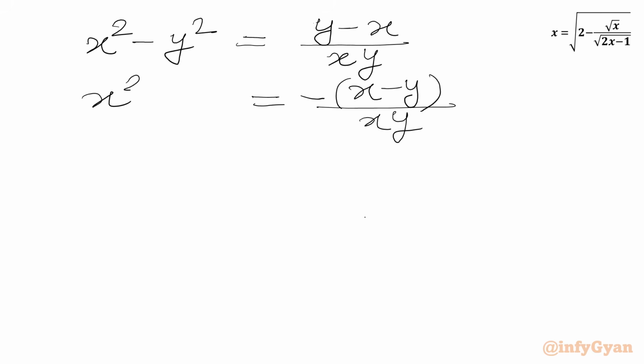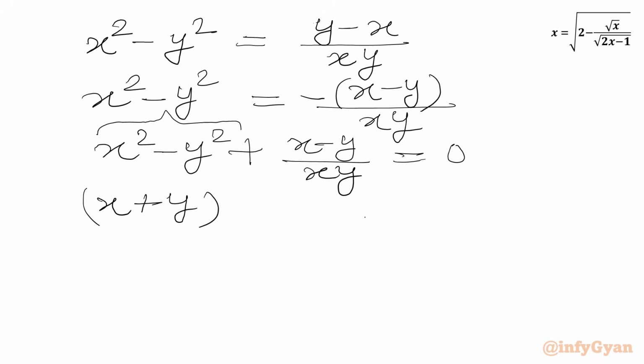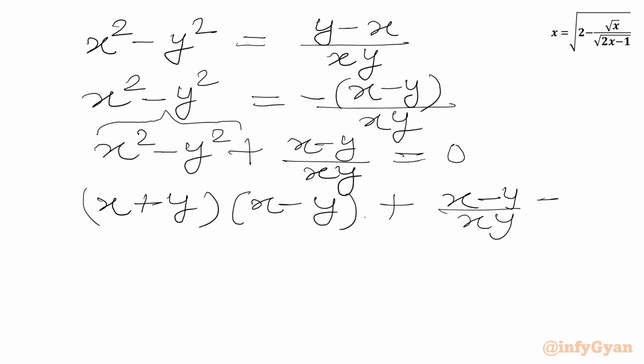Now we will add x minus y over xy both sides. So we can write equation x square minus y square plus x minus y over xy equal to 0. Now we will use difference of two squares formula over here, and we can write x plus y times x minus y plus x minus y over xy equal to 0.